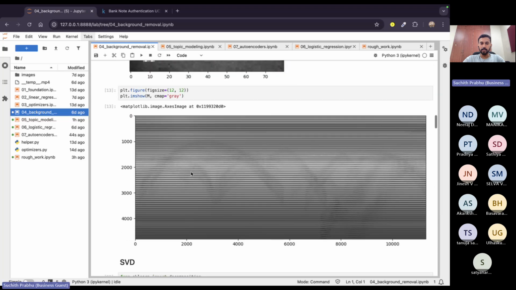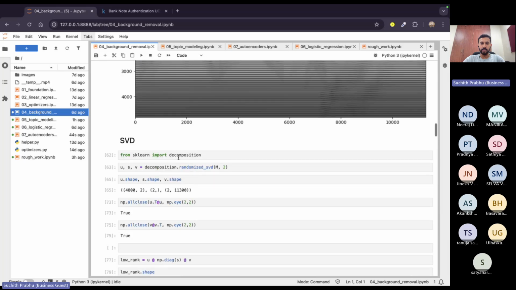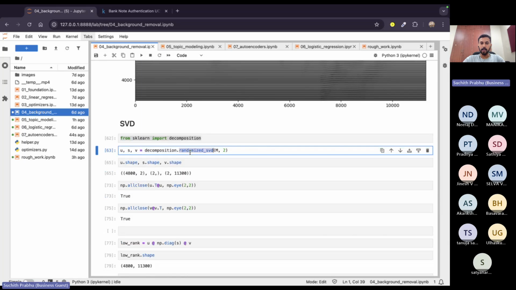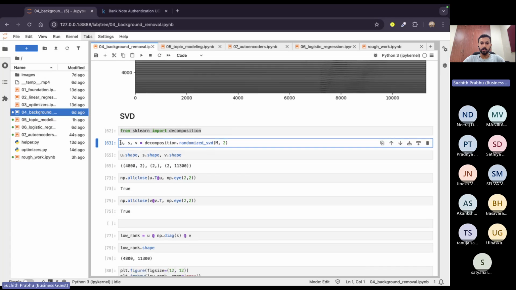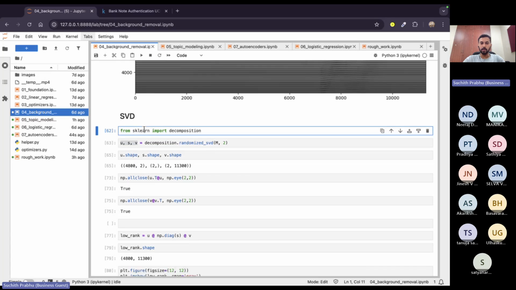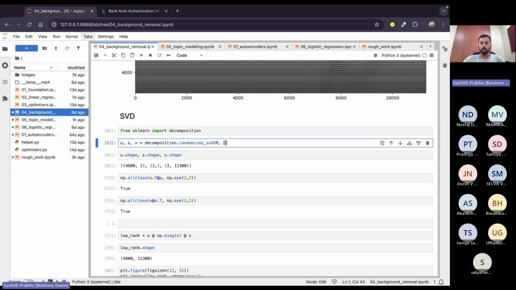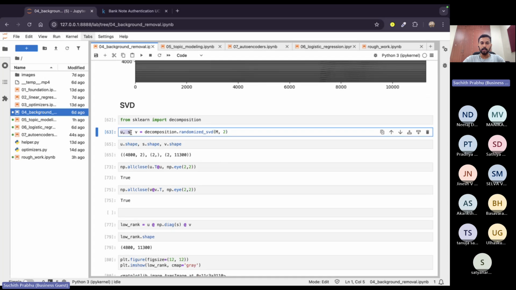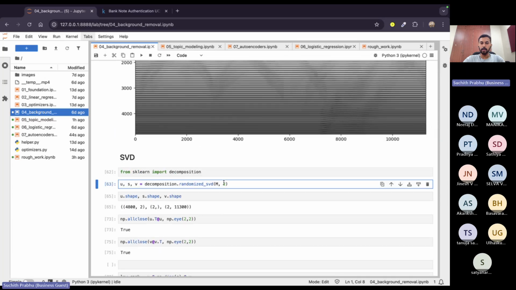We took this matrix and directly used sklearn with a randomized SVD call, and came up with this U, S and V, and we just took the top two singular values. Okay, so we have removed everything else and just kept the top two singular values.